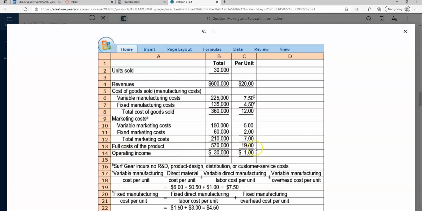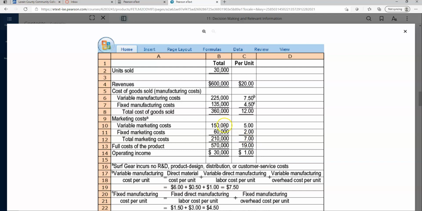So what's the full cost of the product to make? The one we're going to make our pricing decisions and product mix decisions on, the full cost of the product, $19 per towel. So Surf Gear is actually going to profit $1 off that sale of the towel that sells for $20.